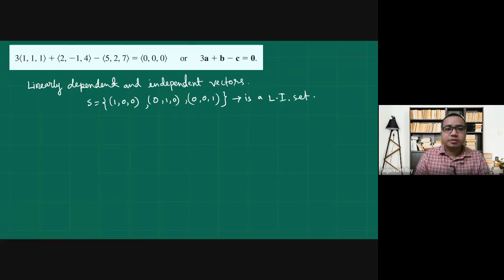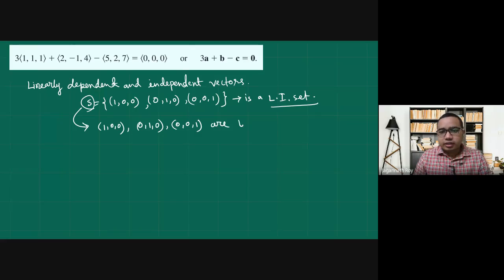Or we can say that these vectors are linearly independent. This is equivalent to saying that this set is a linearly independent set.